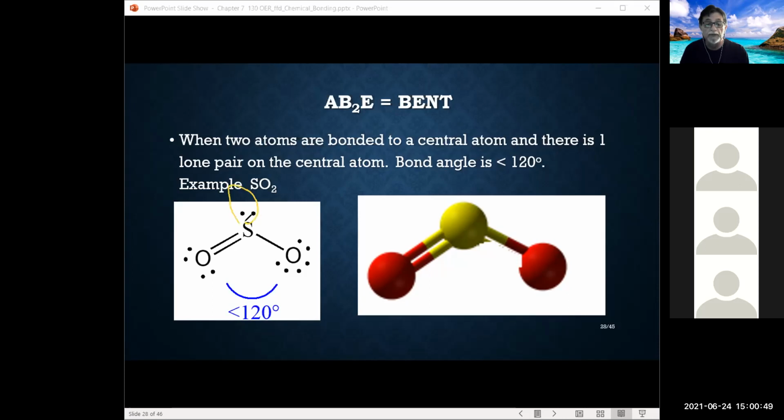But remember, these lone pairs on sulfur take up a lot of space, so that shrinks this angle a bit, much less than 120 degrees. All right, so there's an example of an ABE configuration.